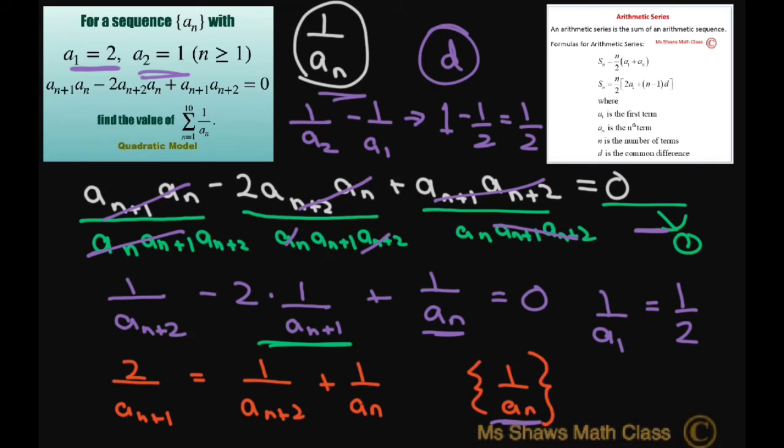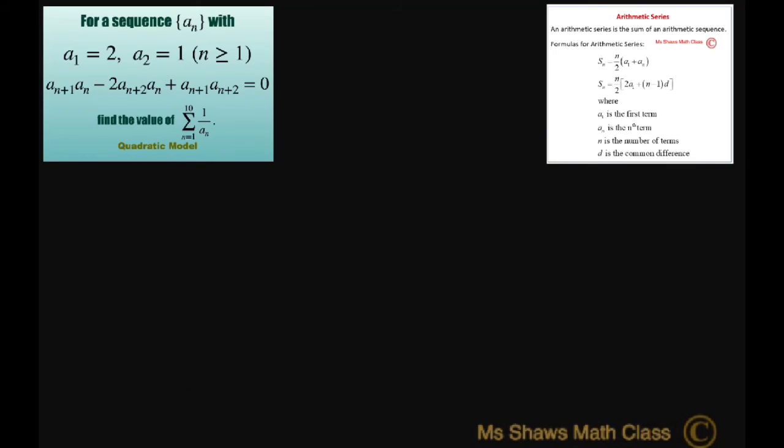From there, we're going to write 1 divided by a sub n equals your first term plus n minus 1 times d.